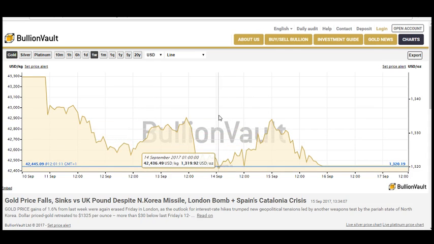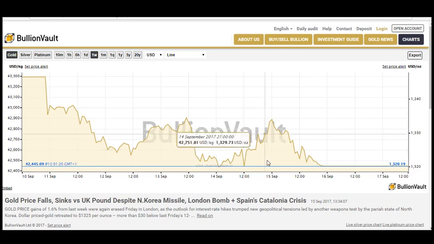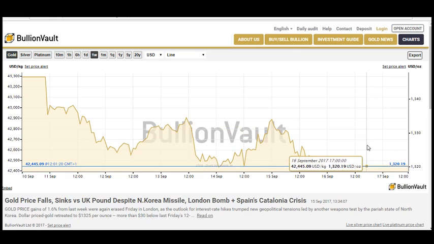The rise off the recent low, the low was 1319.92. On Friday, you see there, we closed out the market at 1320.19. So it's only a few cents off breaking the previous low here.